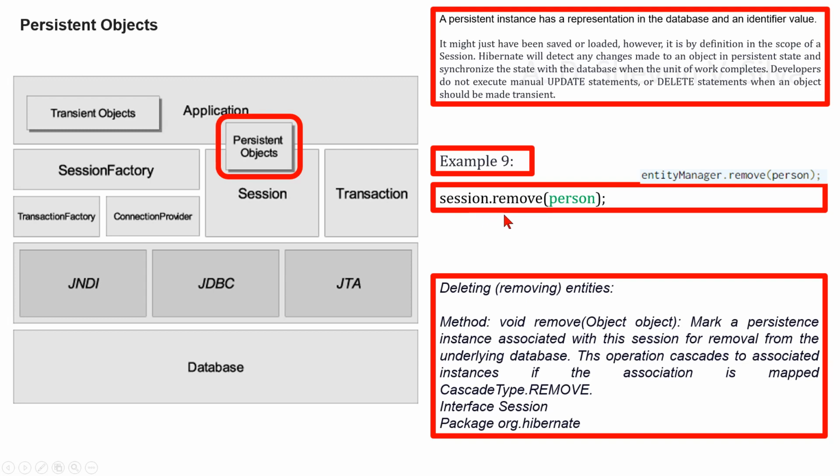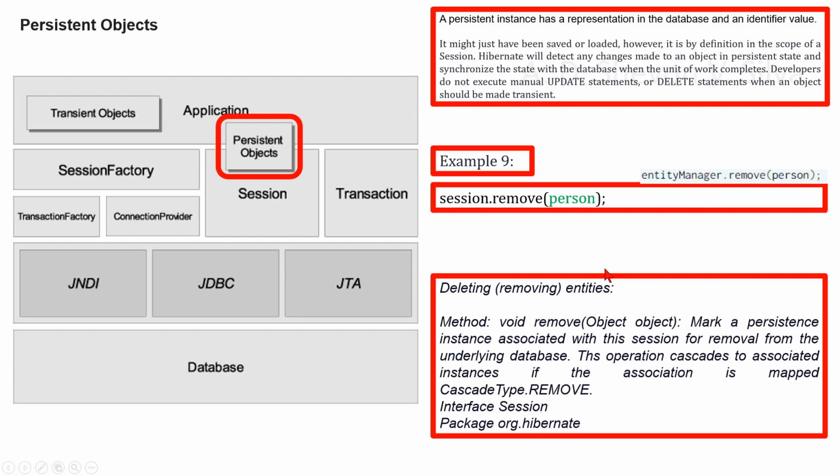Entities can also be deleted. This is deleting an entity with the Hibernate API, and this is deleting an entity with Jakarta Persistence. Hibernate itself can handle deleting entities in a detached state. Jakarta Persistence, however, disallows this behavior.